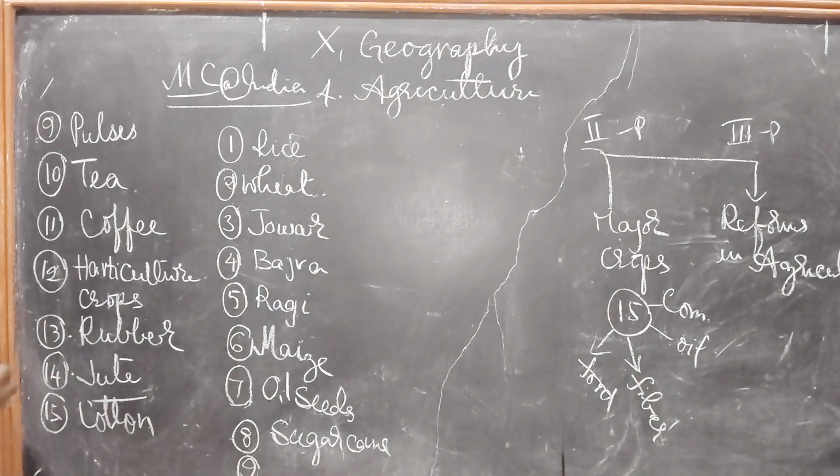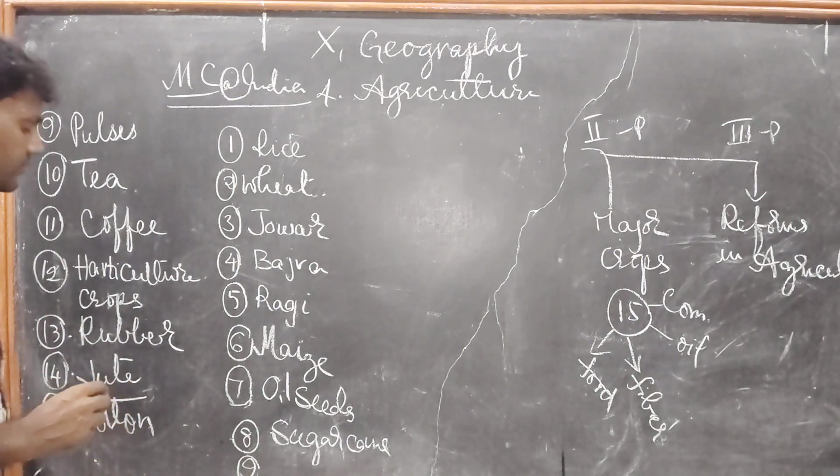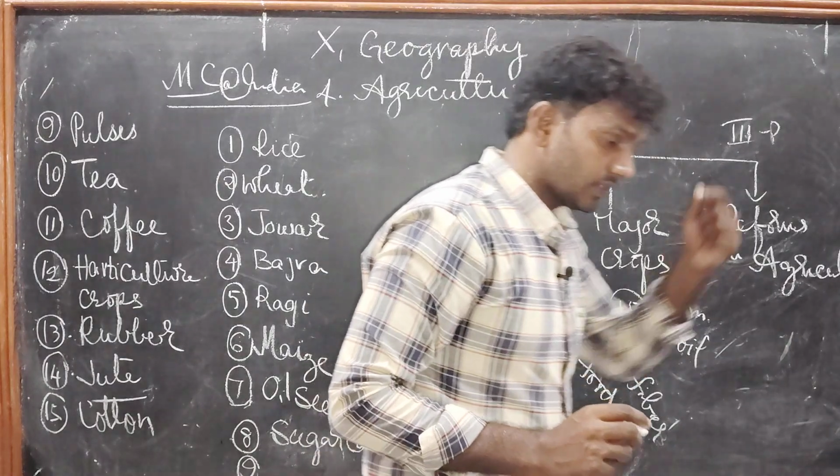Is it clear? It is about 15 crops. Okay, we will discuss one by one in this class.